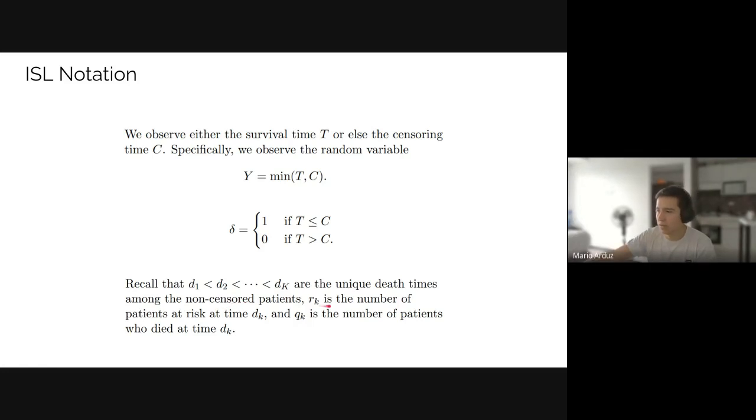This is going to be per k, but it would refer to one step back just because it's the patients at risk of dying. How many are going to be the patients at risk of dying at time d2? They are going to be the patients that were alive at time d1. And the number of patients that die at the time is going to be represented by this q sub k.